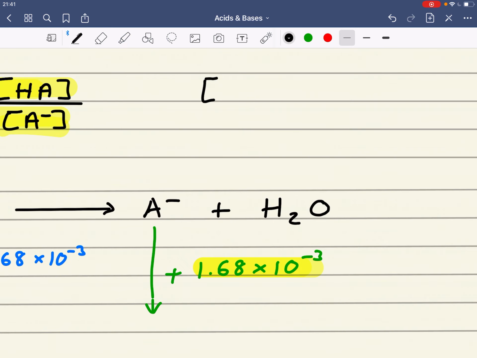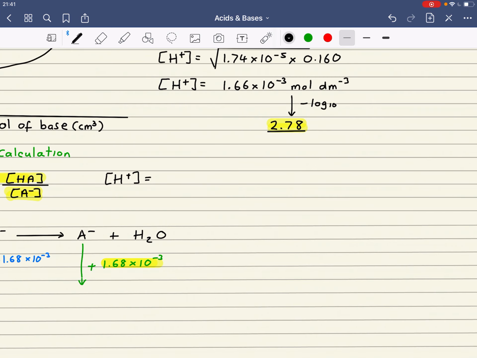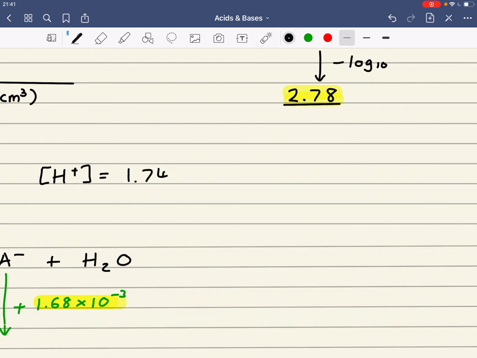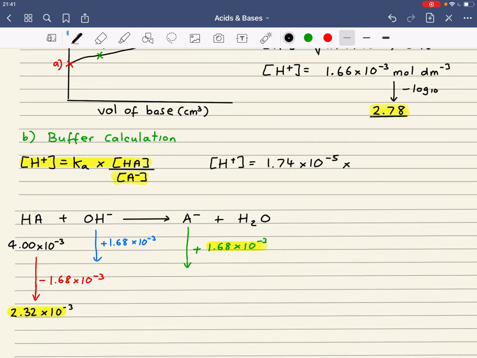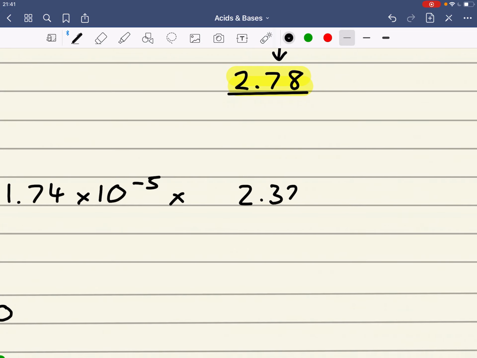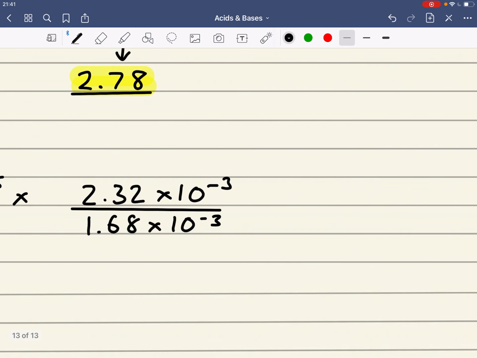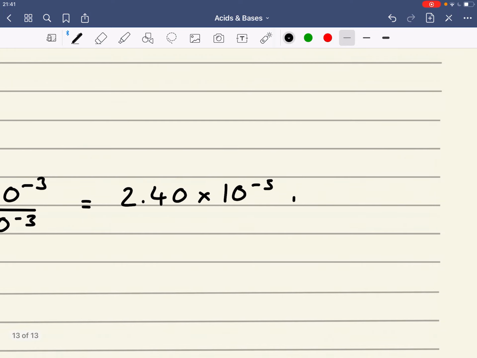My hydrogen ion concentration is equal to my Ka, which is 1.74 times 10 to the minus 5, multiplied by my HA, which is 2.32 times 10 to the minus 3, divided by 1.68 times 10 to the minus 3. That gives me a hydrogen ion concentration of 2.4 times 10 to the minus 5 moles per decimetre cubed.